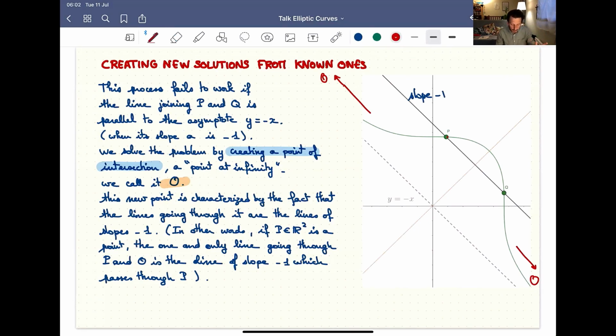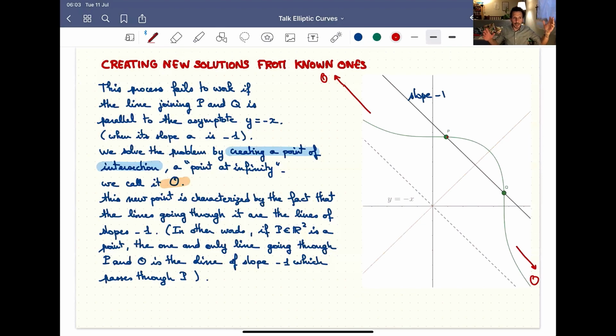So that's a way of seeing this. Again, let's imagine that we virtually add one artificial point to the picture. The point cannot be seen here, but it's infinitely far in either the northwest or southeast direction.